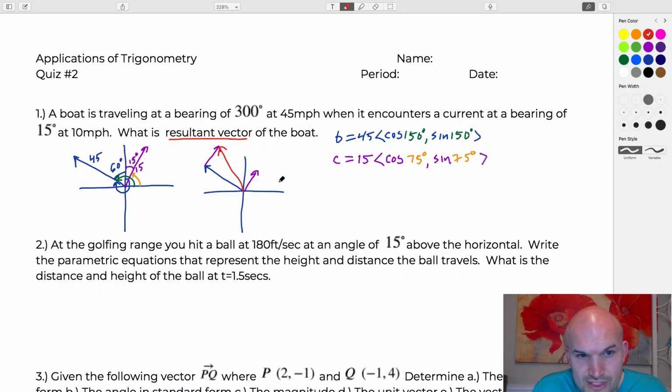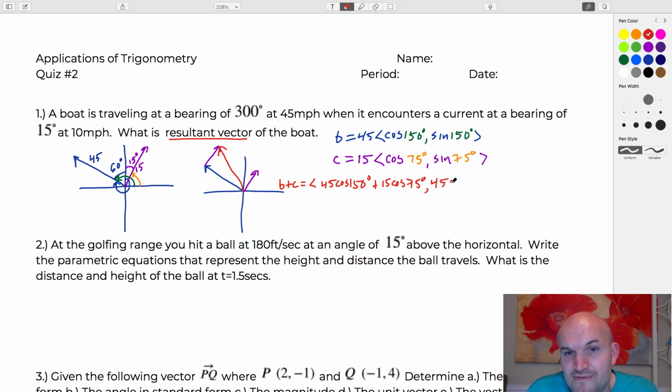So if I want to find the resultant vector, that's going to be B plus C. So it's going to be 45 times the cosine of 150 degrees plus 15 times the cosine of 75 degrees. And then the y component is going to be 45 times the sine of 150 degrees plus 15 times the sine of 75 degrees.